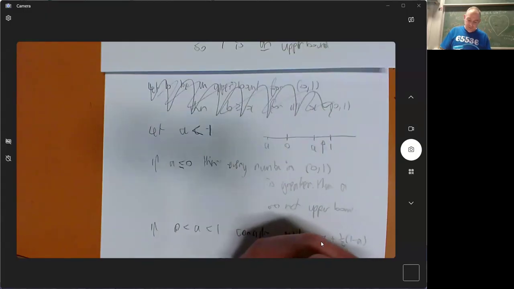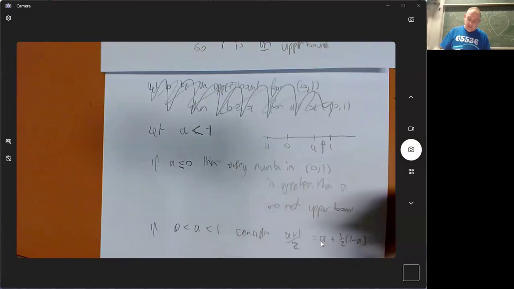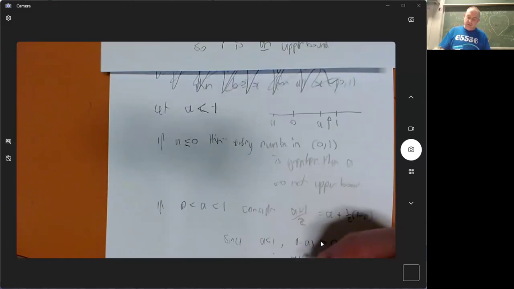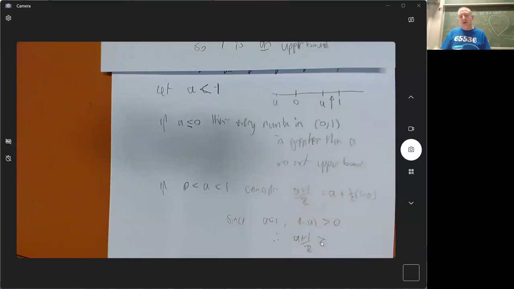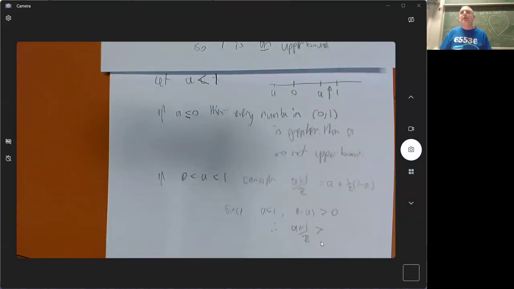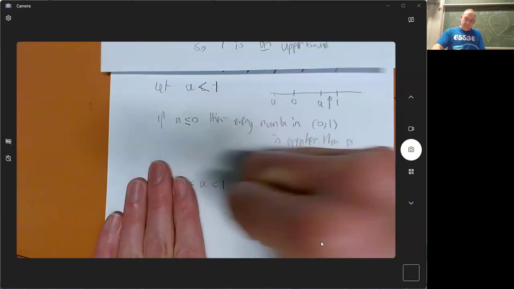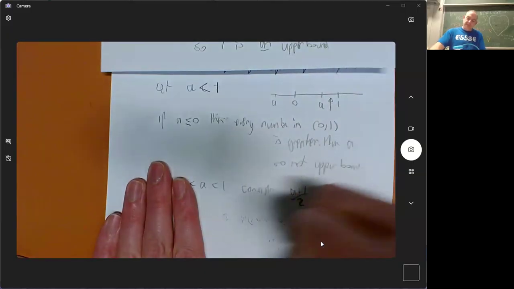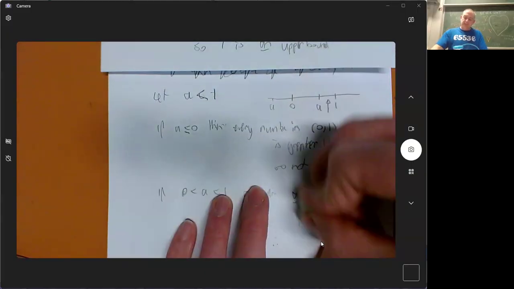So since a is less than 1, 1 minus a is greater than 0, and so therefore a plus 1 over 2 is... Are you allowed to use the fact that the average is bigger than the lower one and smaller than the bigger one? Okay. Yeah, I think this was just explained in the seminar. I don't know if we had to repeat exactly what we said though.